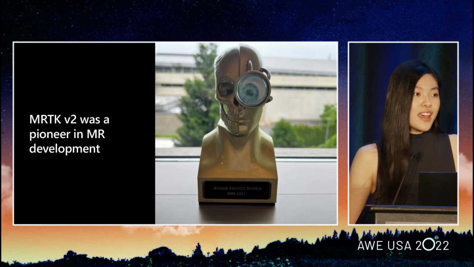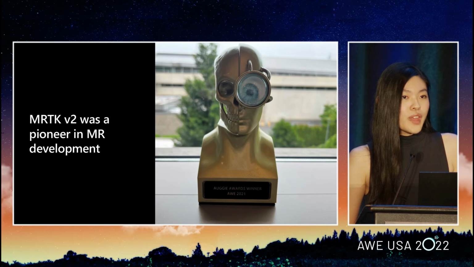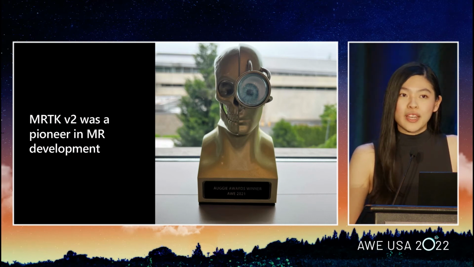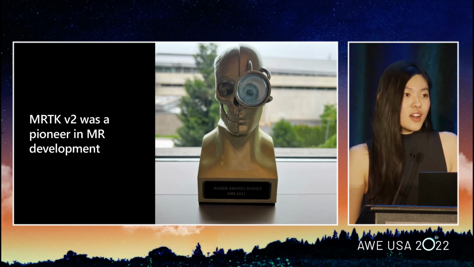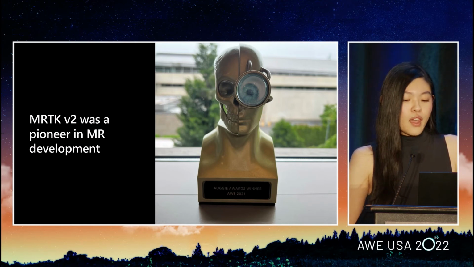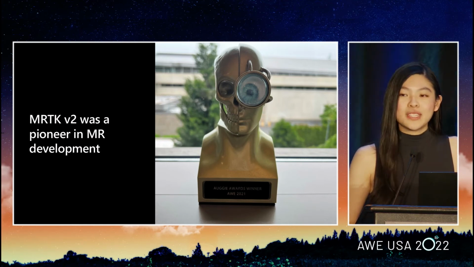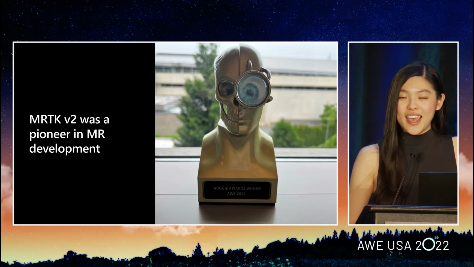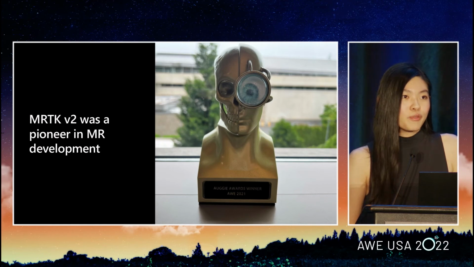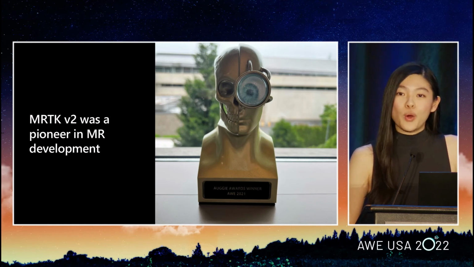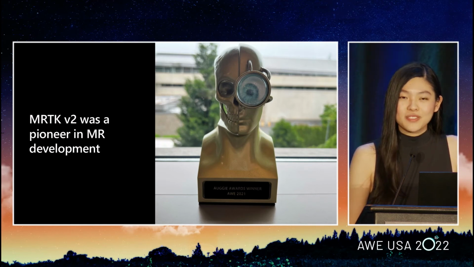So MRTK, like many other frameworks, had to provide our own manipulation and interaction infrastructure. And adding on to the complexity was that MRTK v2 significantly predated many modern cross-vendor standards like OpenXR. And so we had to provide our own cross-platform abstractions.